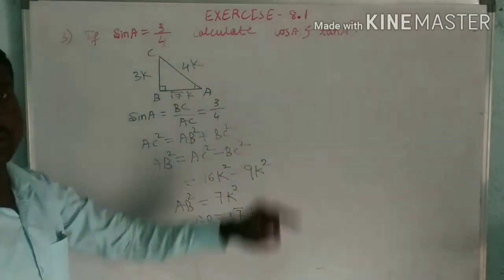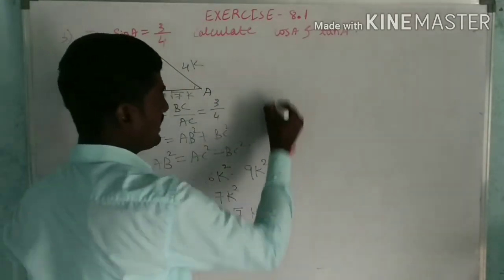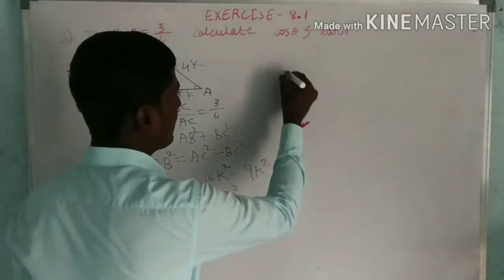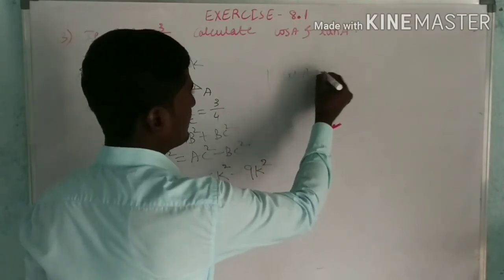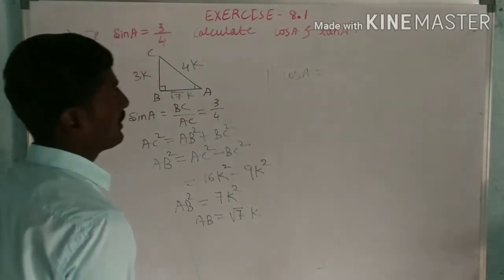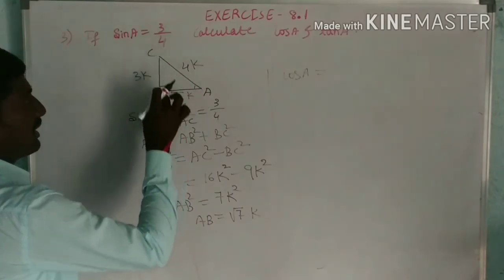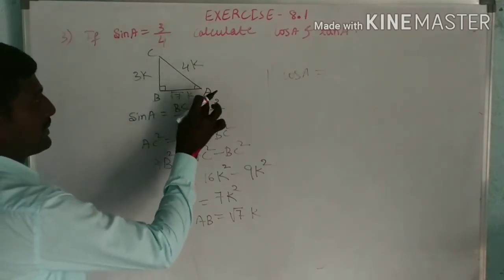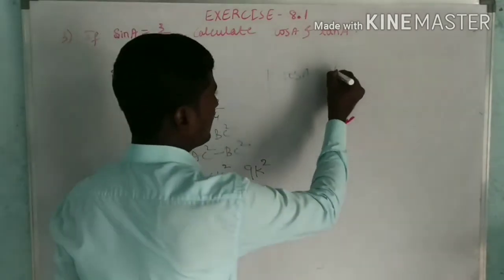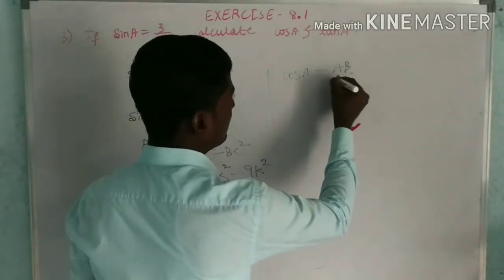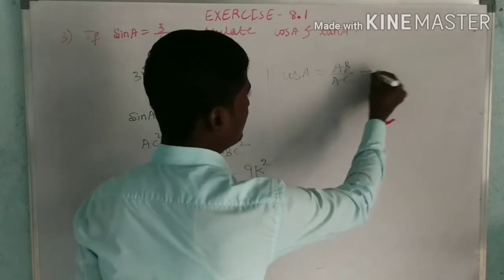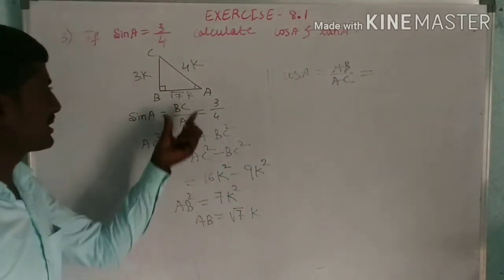Now I want to find cos A. Cos A is equal to what? Cos A is nothing but, according to the diagram, adjacent by hypotenuse, that is AB divided by AC. Now AB value is how much here?